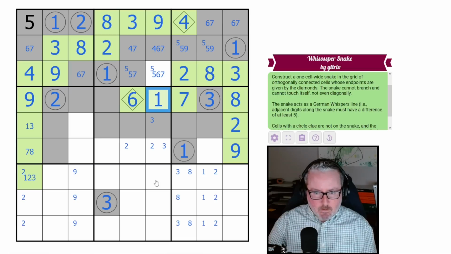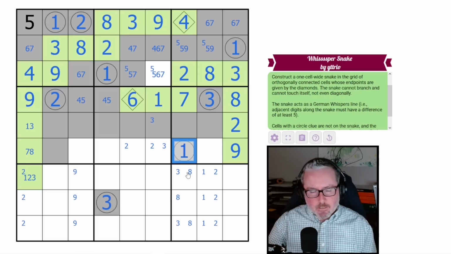Okay. Now, let's see where else we can take this. What are these 2 digits? We need 4 and 5, it looks like. And those are possible. We know this is not snakeage. We'll put that in because we can't go into a corner.